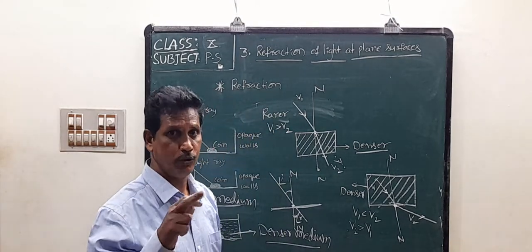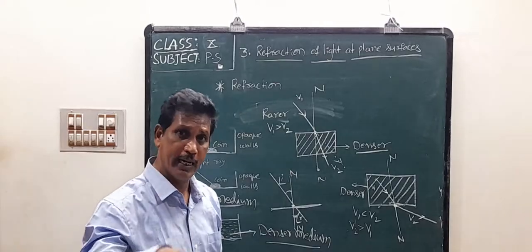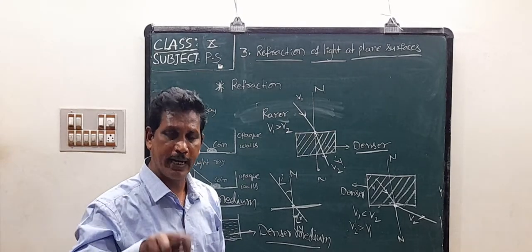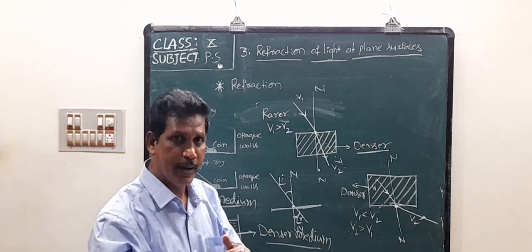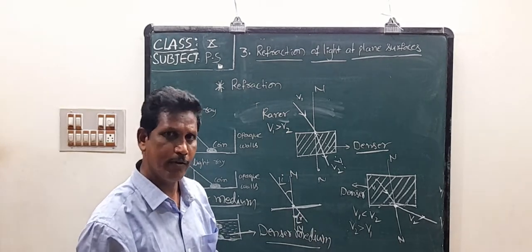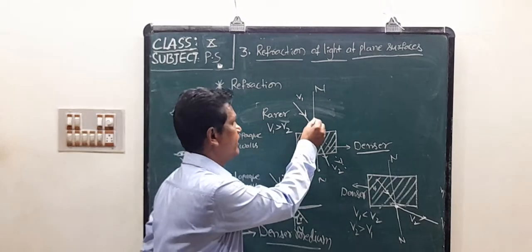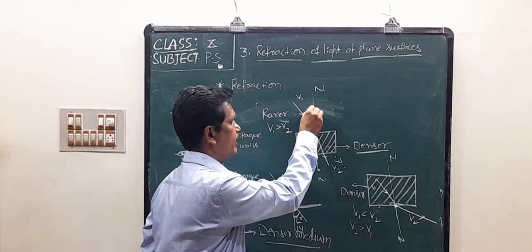Most important, students: from rarer to denser, it bends towards the normal; from denser to rarer, it bends away from the normal.